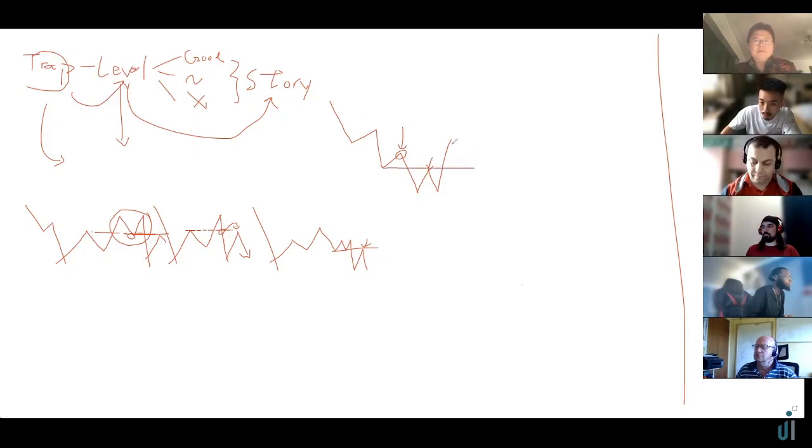Hence, when price pulls back, it's gonna do something. Right? It's gonna do something. When price pulls back, they are gonna attempt.